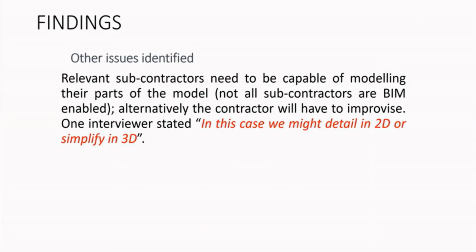Now the contractor would have to come in. One interviewer mentioned that in this case, we might detail in 2D. They will do a very good detail in 2D and simplify in 3D. Simplify means that they could just put a box or something else, and the detail would be in 2D, so you won't find it in the model.